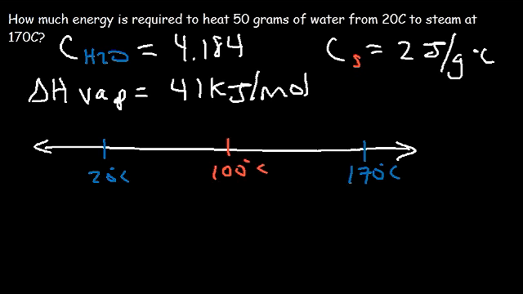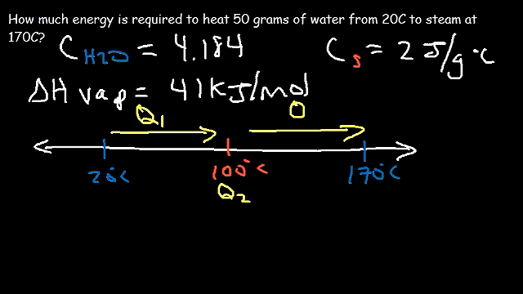So we've got to find out how much heat energy is required to heat liquid water from 20 to 100 degrees Celsius. That's Q1. Q2, that's the amount of energy required to vaporize liquid water into steam at 100. So that's a phase change. Q3 is the temperature change. That's how much energy is required to heat up steam from 100 to 170. So you've got to break this problem into 3 parts.